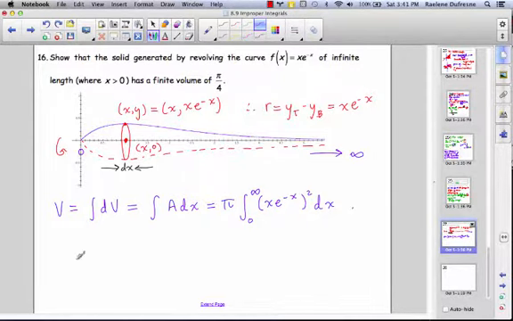So I'll leave you to apply techniques of integration along with rewriting this improper integral as a limit and seeing if the limit exists to determine the finite volume of pi over 4 and therefore confirming that this improper integral converges. Well, that concludes section 8.9, improper integrals.